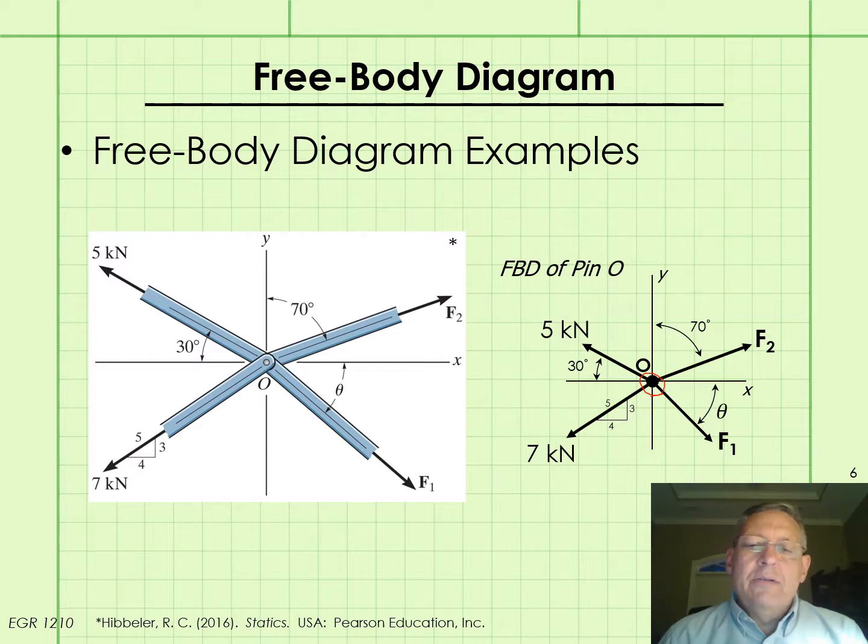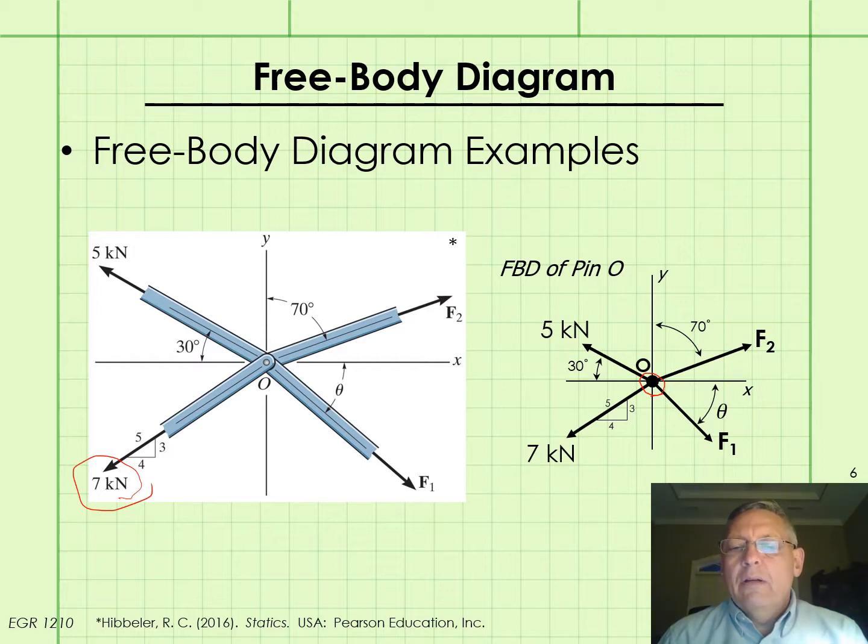So let's do that one at a time. We'll start with the 7 kilonewton force. I've pre-drawn it here, so assume that we just have the pin at O shown as a dot here at the origin.